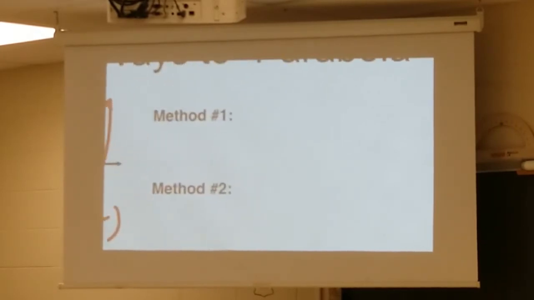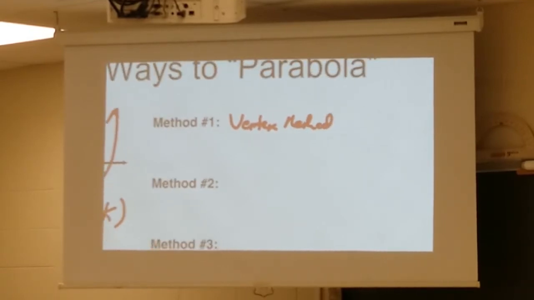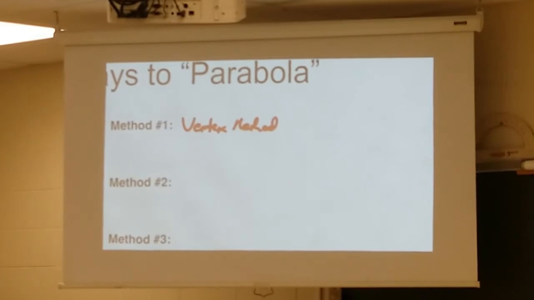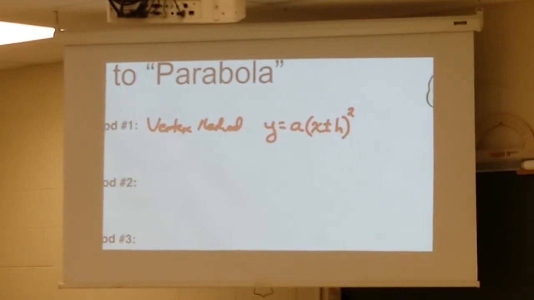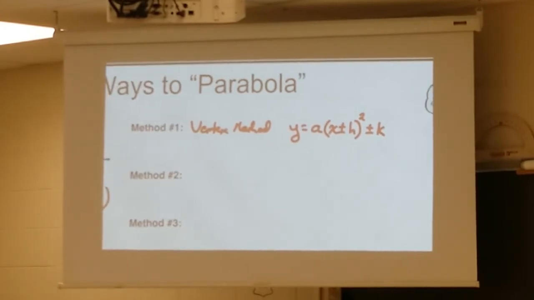The vertex method is basically to use H and K to come up with an equation of the form y equals a times (x plus or minus h) squared plus or minus k. Oh, it kind of looks like vertex form from yesterday. But the idea is if you have the vertex, you could plug it into vertex form and you'll have an equation.